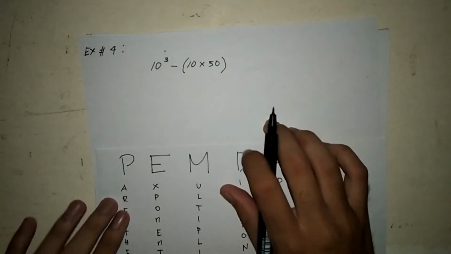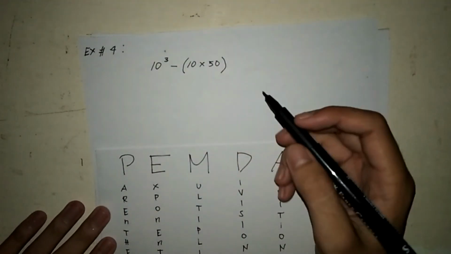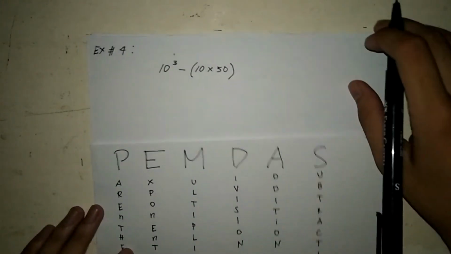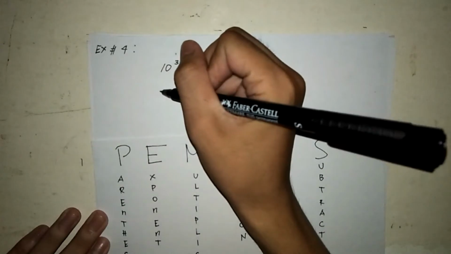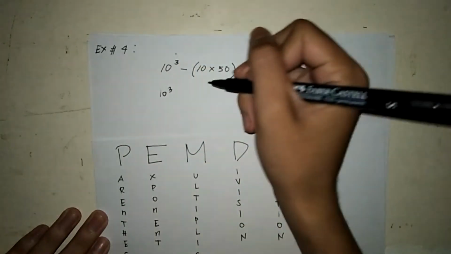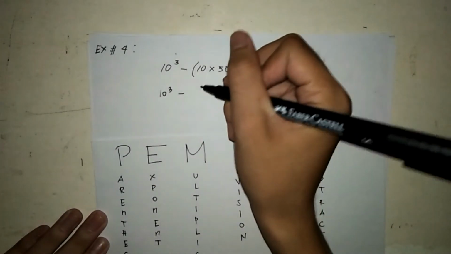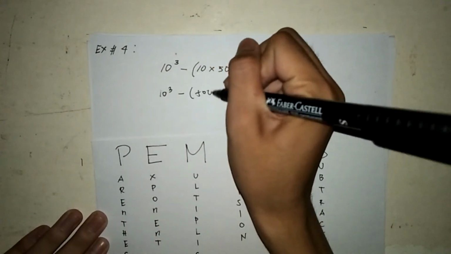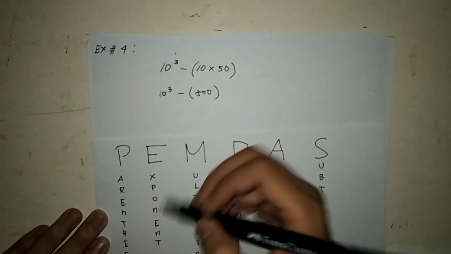So, let's go for example number 4. So, alam nyo naman yung step, diba? So, let's find the parenthesis, which is nandito. So, i-bring down natin yung 10 cube minus yung parenthesis, which is 10 times 50 will give us 500. Tapos, exponent.